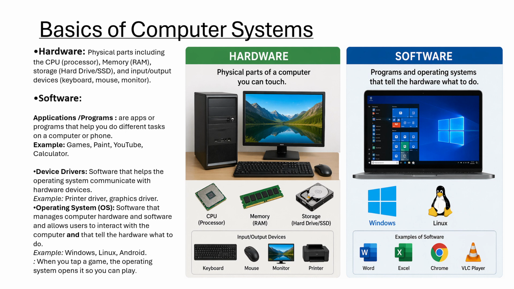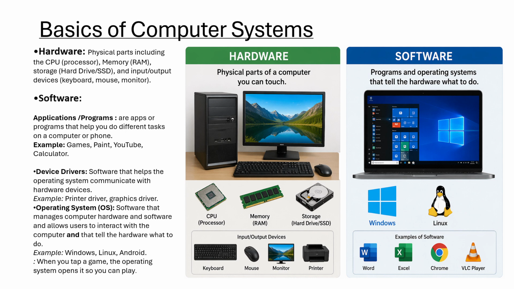Device drivers. What do you understand by that? Software that helps the operating system communicate with the hardware device. So your hardware device, for example a printer, will have a printer driver, graphic driver. So for every hardware component, you might have a device driver.